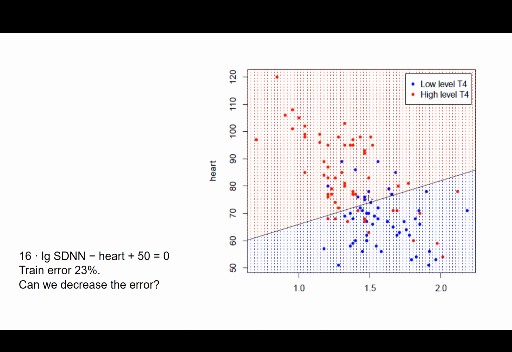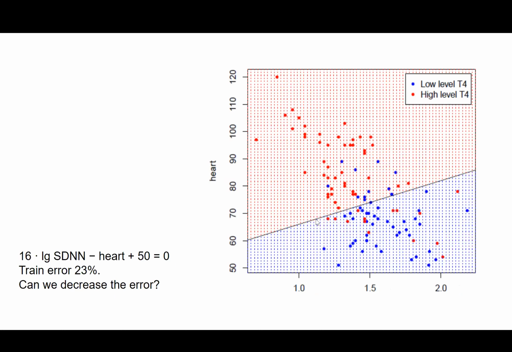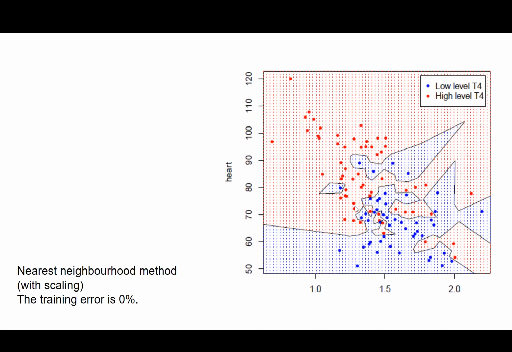For example, if we have a dot here or here, there is a high probability it will be red. And if we have a point here or here or here, something here, there's a higher probability it will be blue. So this classifies better, of course.